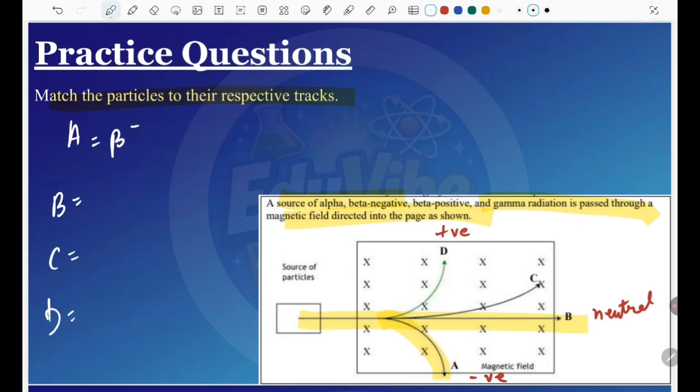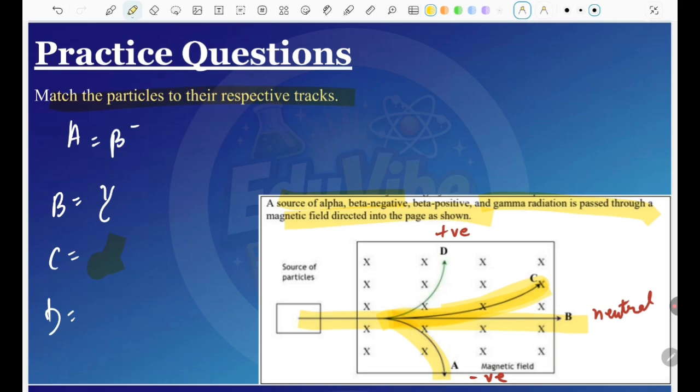And B goes straight, so it is neutral and has no effect from the field. So B is your gamma. Then C doesn't go to the bottom or the top, it goes straight near B, following its own path.